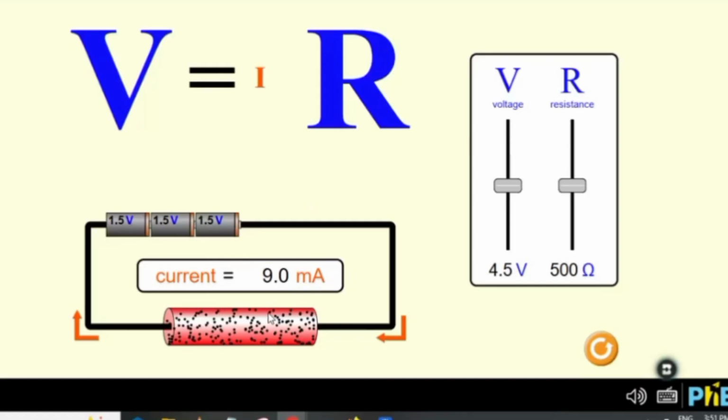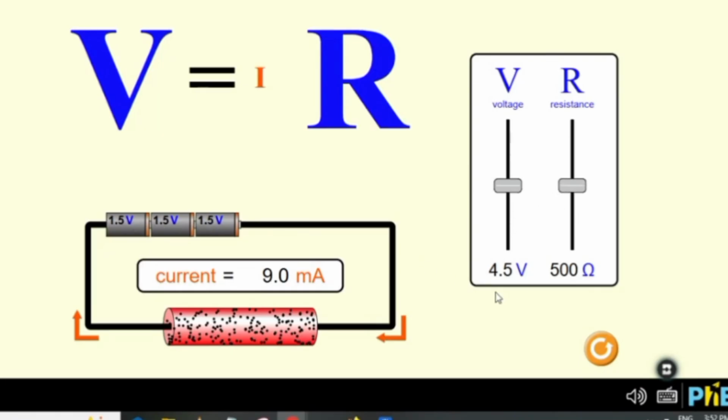We have connected three cells of voltage 1.5, 1.5, 1.5, and combined they give 4.5 volts. And when we change resistance, current changes. Let's say we have 500 ohm resistance. At 500 ohm we have a current of 9 milliampere, and we have a voltage of 4.5 volts.